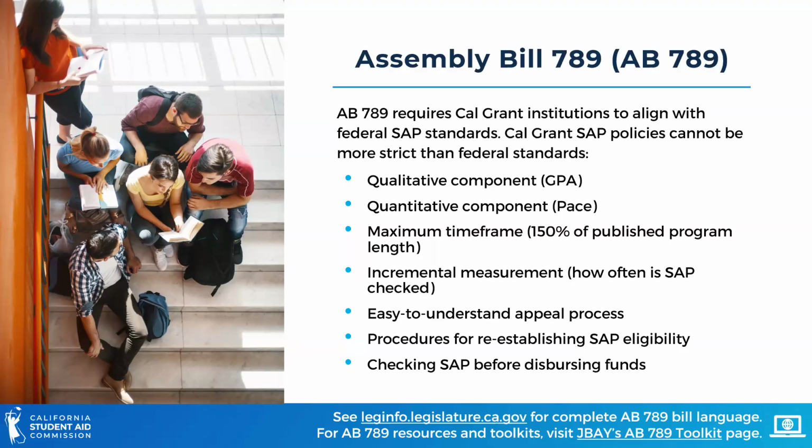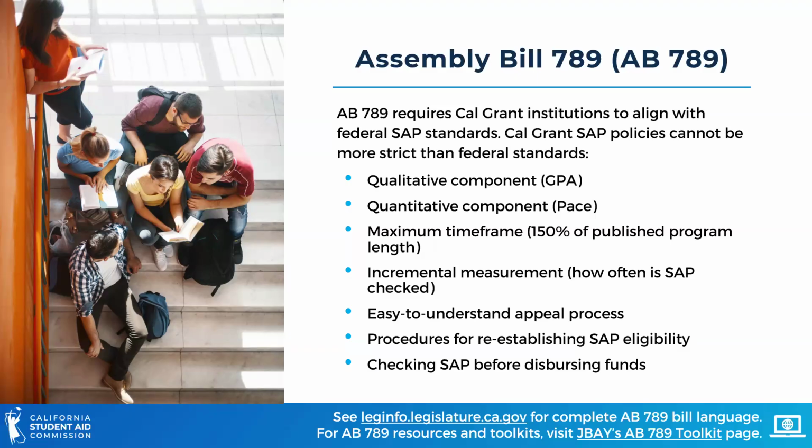So I talked about that GPA component. The federal minimum is a 2.0 GPA. Quantitative component, that minimum pace of progression is 67% at the federal level. I talked about maximum time frame. Also, this bill specifies that schools must have an incremental measurement, or how often they check SAP.